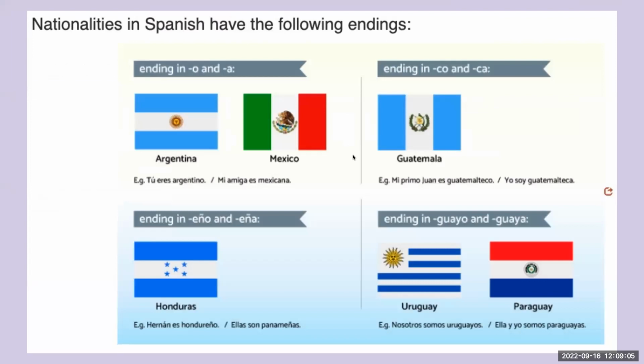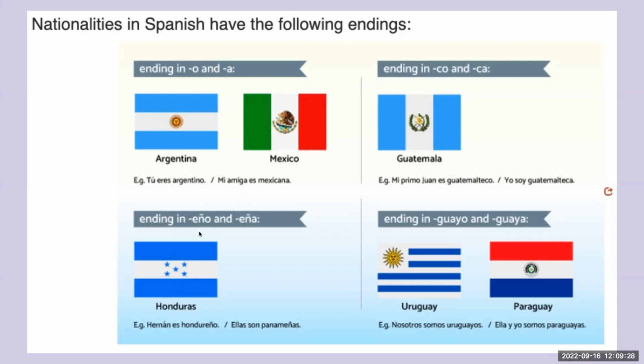All right, here are some more endings for nationalities. Nationalities that end in O are masculine and in A are feminine. And of course, we've got Argentina, tú eres argentino, you're Argentinian. From Mexico, mi amiga es mexicana, my friend is Mexican.